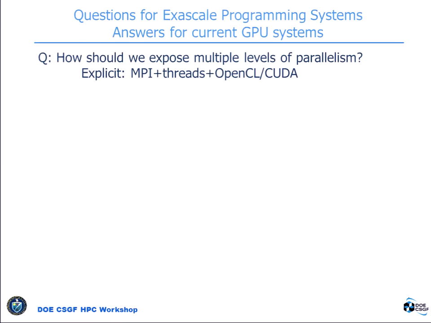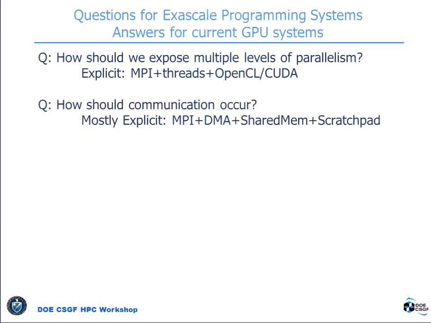You write your MPI code, you put some threads in there with OpenMP or pthreads, and then you map some CUDA or OpenCL offloading into that. How should communication occur? Well, no surprise, it's mostly explicit. You have to do things like your MPI transfers, DMA data over to the devices themselves, and then manage the shared memory or scratchpad memory you have on the device.